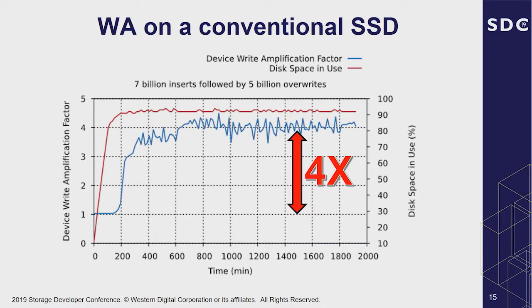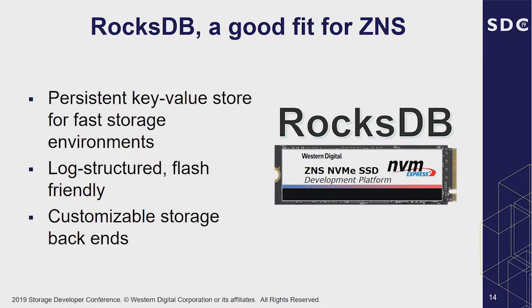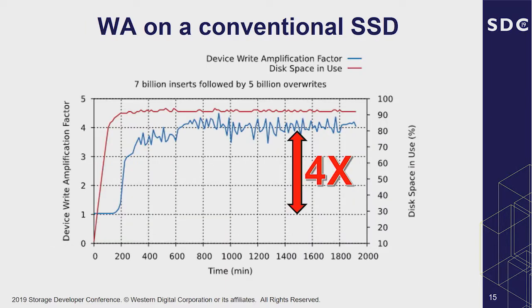But what problem are we trying to solve here? RocksDB is already flash friendly, right? But we did measurements on the device write amplification, and we saw that it was significant. As the drive's capacity was filled up, it was forced to start doing garbage collection.